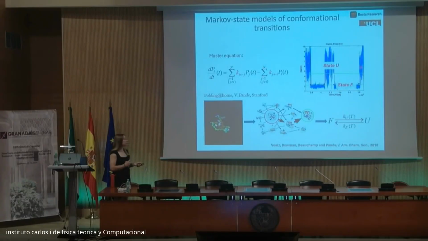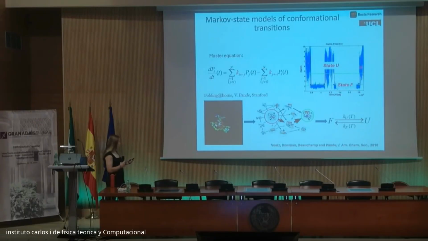That would be their coarse grained master equation or Markov state model, eventually, which could get to a two-state model where we would simply talk about, let's say, folded and non-folded processes. So this would be a simple picture of what we would do.